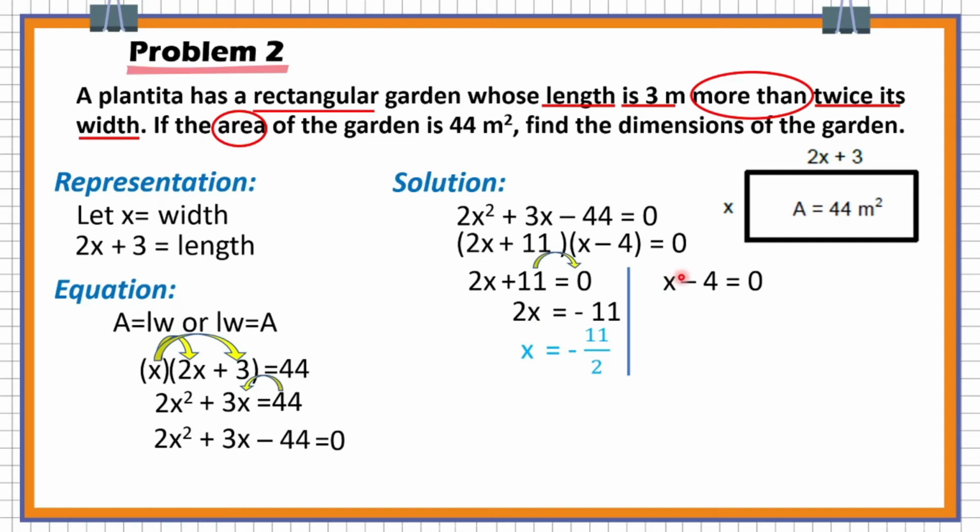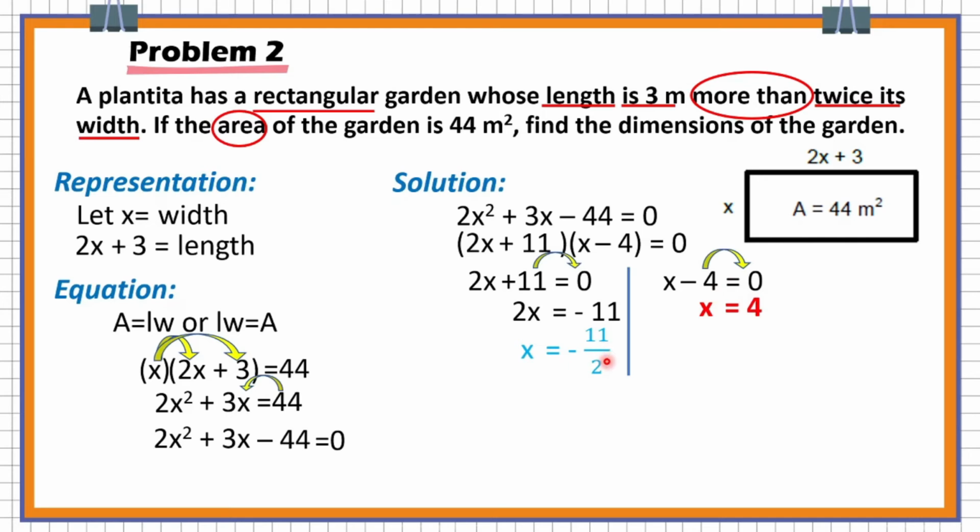Another, sa kabilang side naman, we have x minus 4 is equal to 0. Ililipat natin si negative 4 sa right side ng equation, magiging x is equal to 4. So, ito yung ating second value ng x. As you can see, meron tayong positive 4 and negative 11 divided by 2.